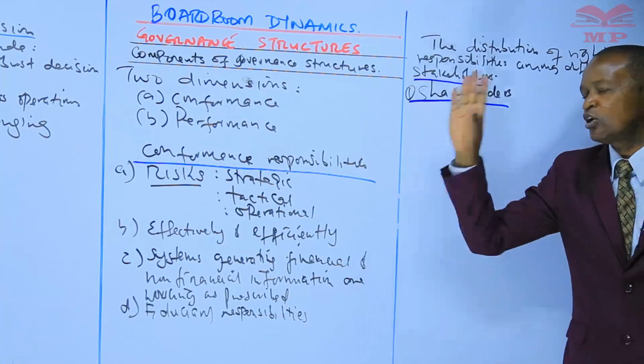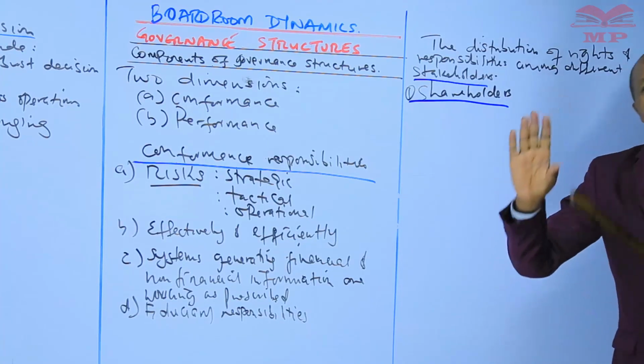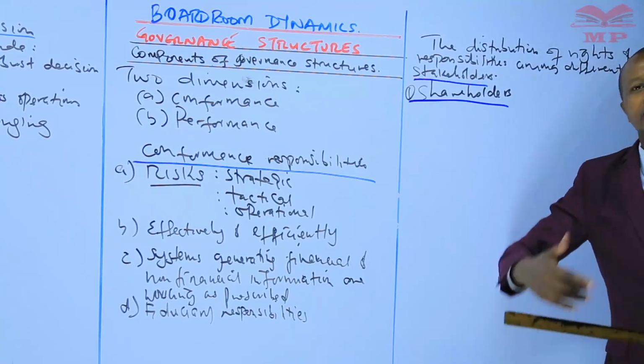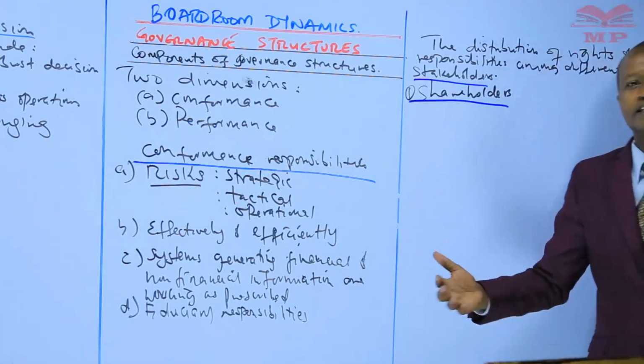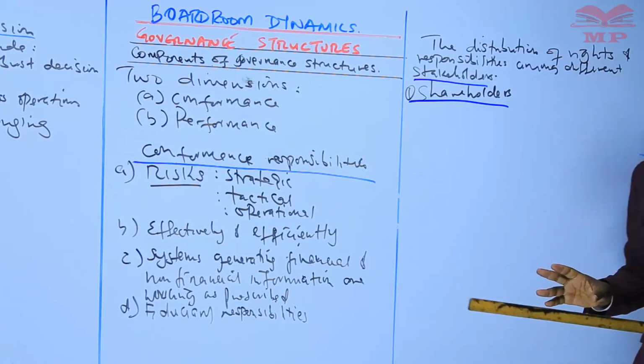And beyond compliance with the law, a governance framework must decide how shareholders' interaction with the company should be organized.